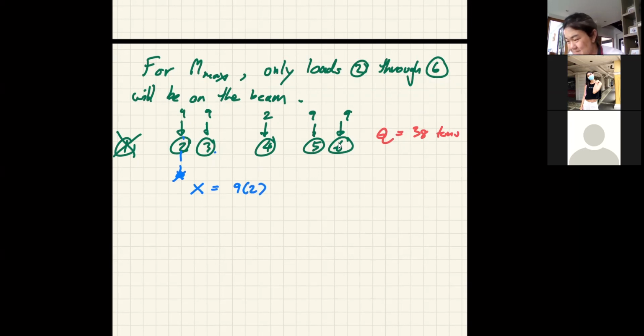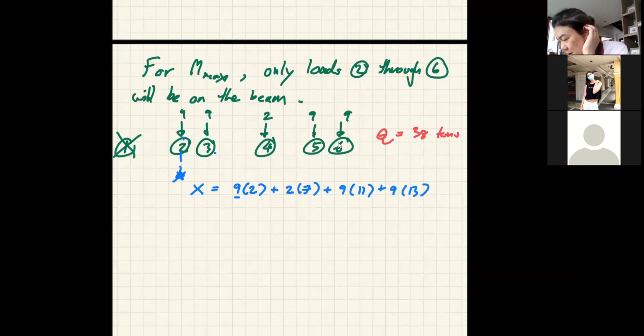And then load number 4, 9, that's 7 meters. Load number 5, 9, so 7, add 4 more, that's 11. And load number 6 is 9, 11 plus 2, that's 13, divided by 38.